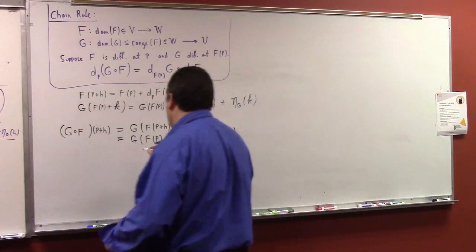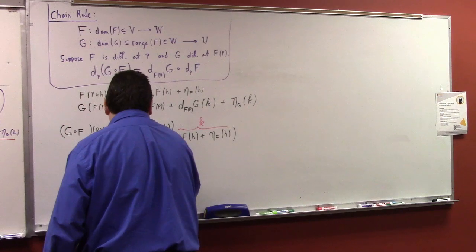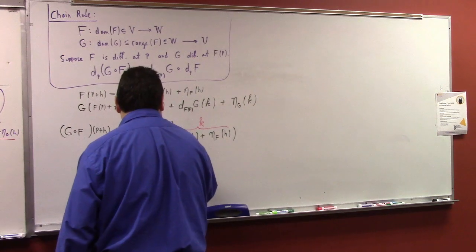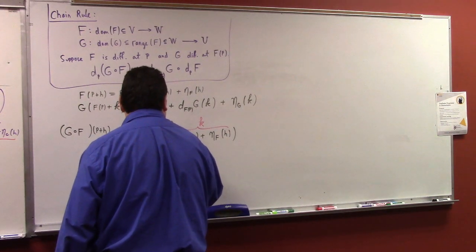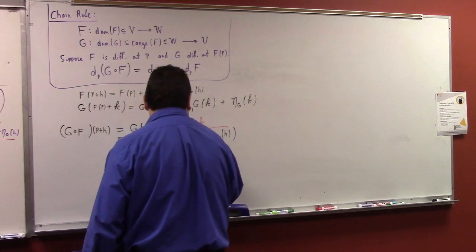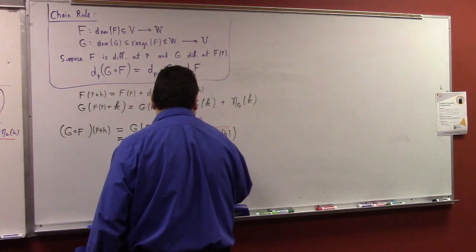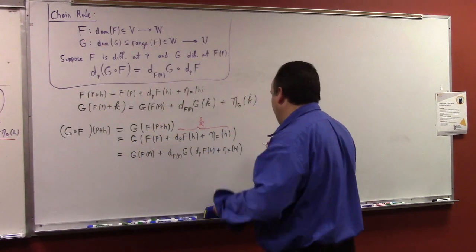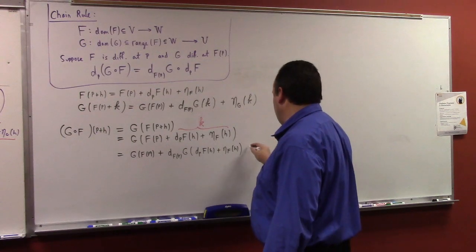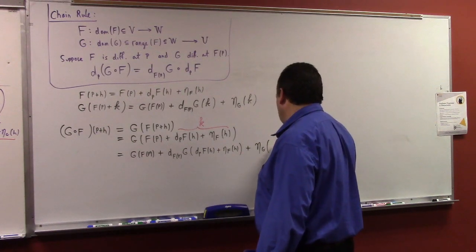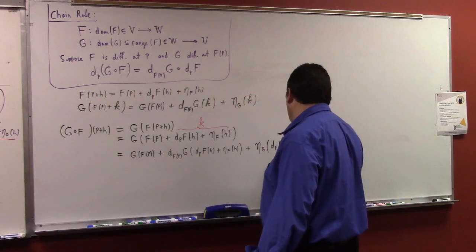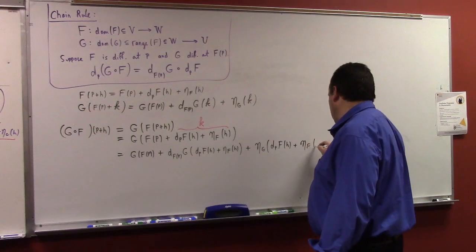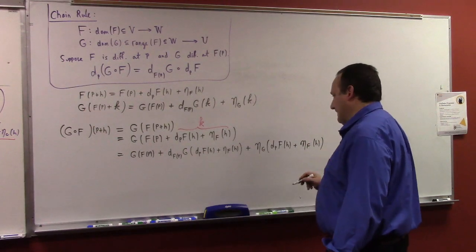I get myself g of f of p plus the differential at f of p of g of the differential at p of f of h plus eta sub f of h. All right? And then plus eta sub g of the differential at p of f of h plus eta sub f of h, right?